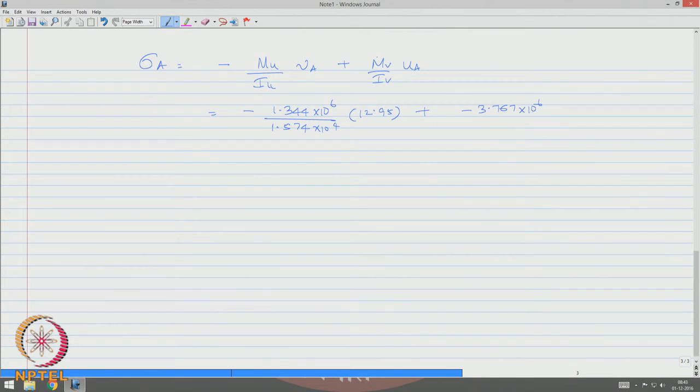One can see here Muv is negative for the given problem.